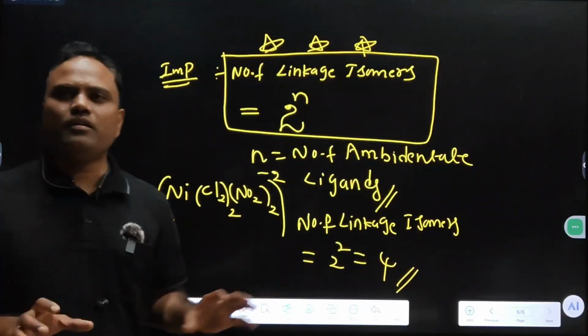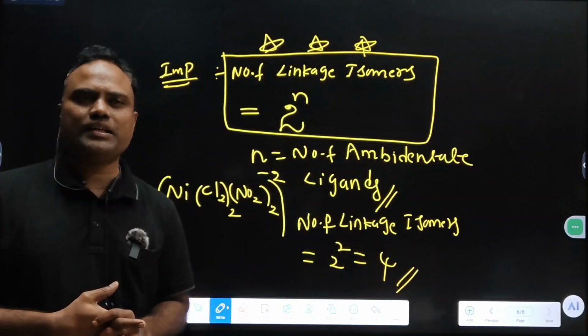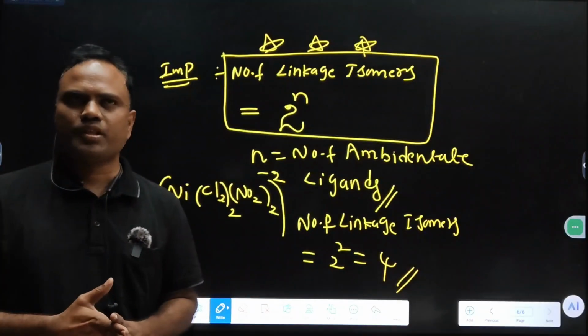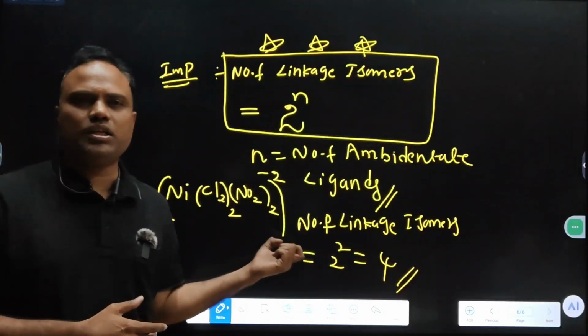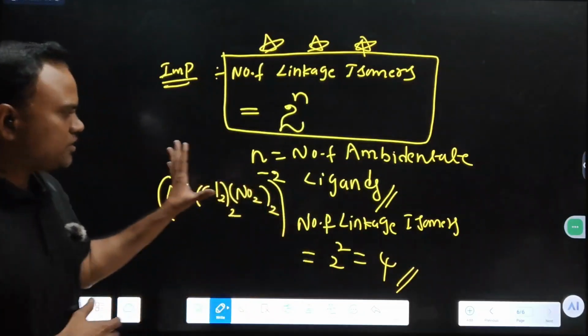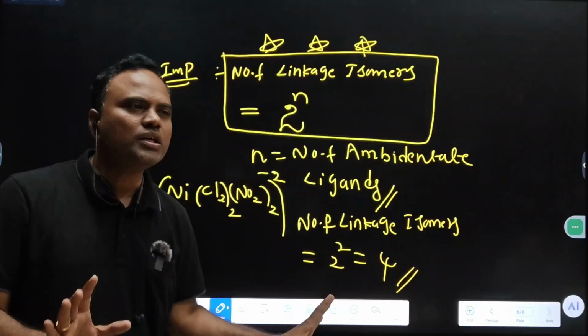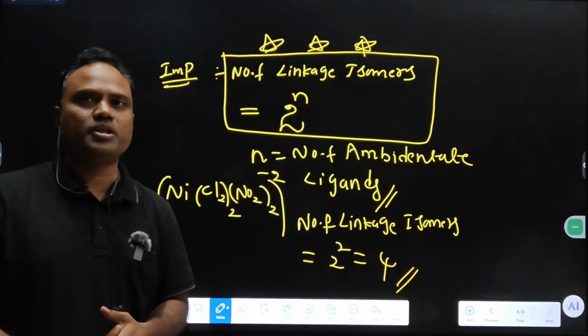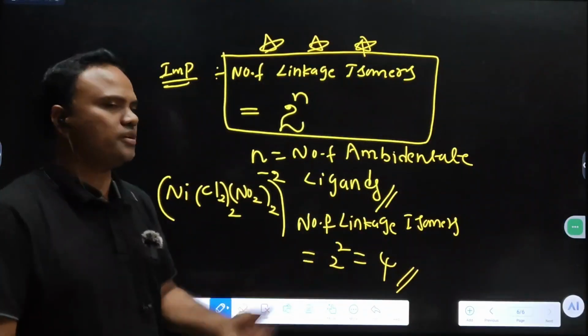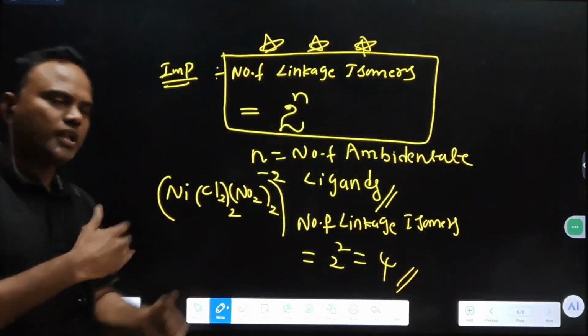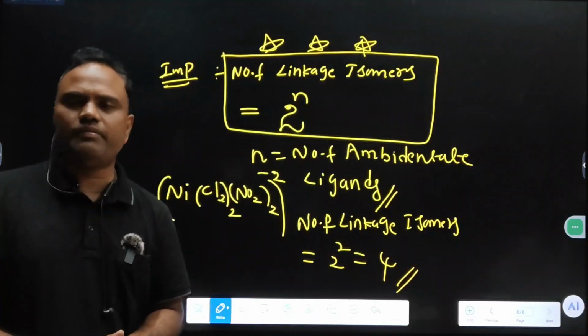See, when we want to calculate total isomers, first we have to calculate linkage isomers. This is not the number for total isomers, it is the number only for linkage isomers. Isomers arise due to linkage. The total isomers formula is a different concept, we will discuss it later.